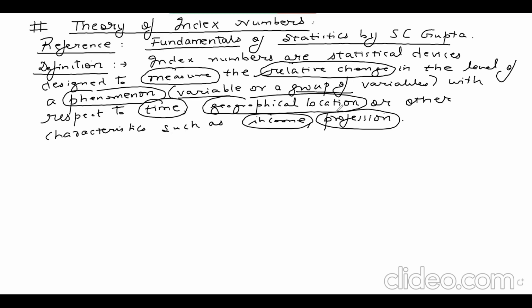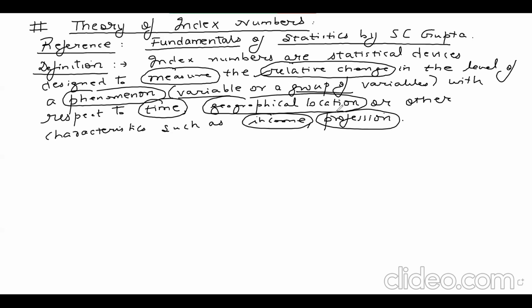And in index numbers, when we are looking for comparison, we are going to take 2 years, the base year and the current year. A base year is any normal year, with not much economic ups and downs. It's a normal economic year. And the current year is the year with which we are measuring that particular variable.